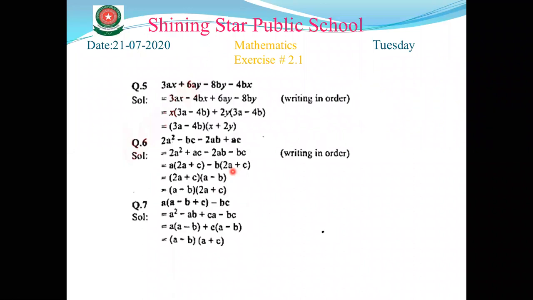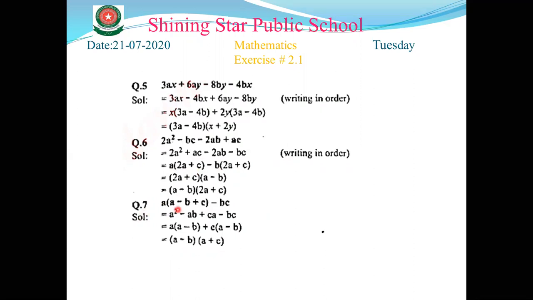Now 2a plus c is common, so we take common 2a plus c. And when we take the 2a plus c common, from this term we get a, and from these terms we get minus b, which is your required answer of question number 6. Now question number 7.